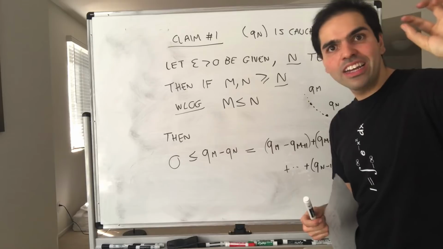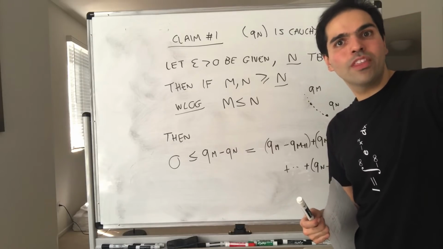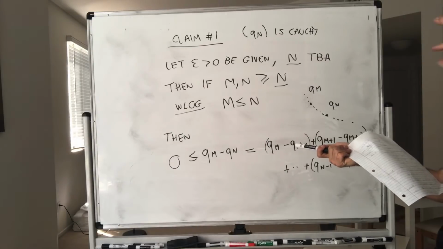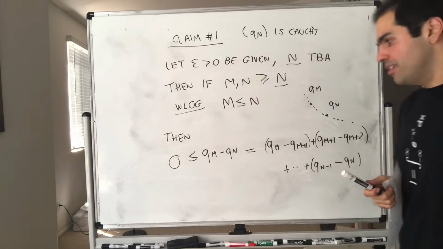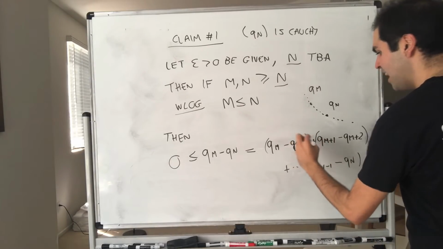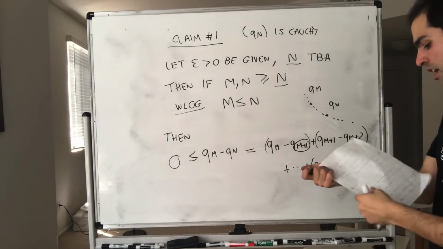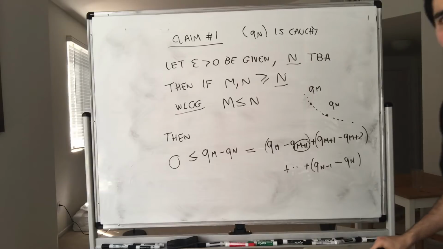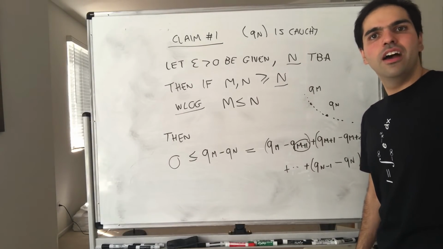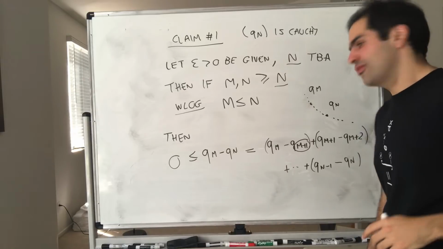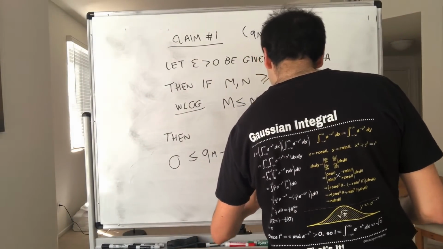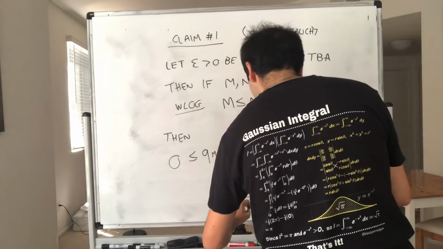Because they're optimal, they can't be more than 1/2 apart. And similarly, Qn minus Qn plus 1 cannot be more than 1 over 2 to the n plus 1 apart. Otherwise, we can choose a bigger fraction with denominator 2 to the n plus 1. That would work.